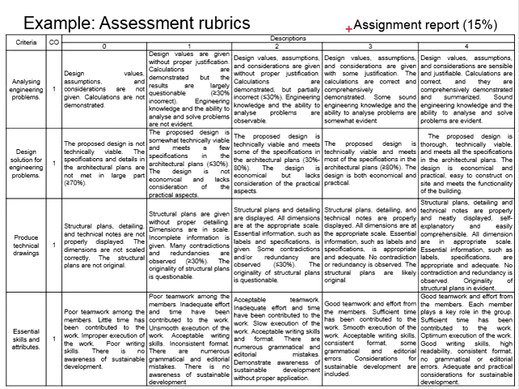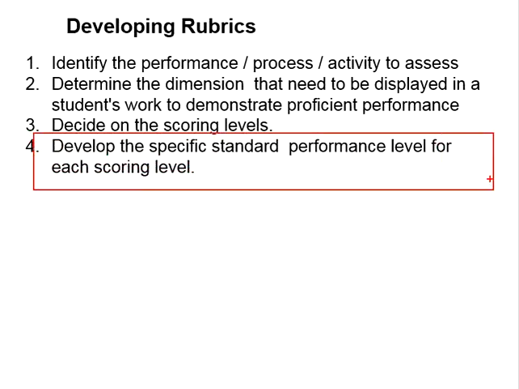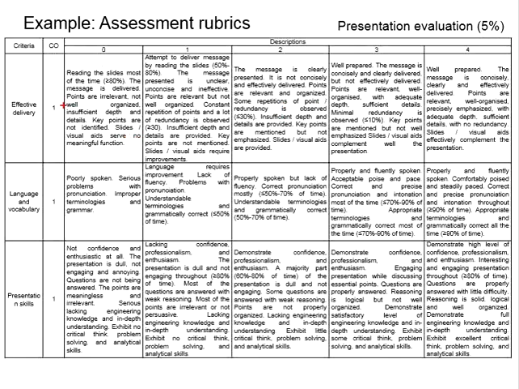Ultimately, this leads to 2 dimensions here. There are a series of criteria and there are a series of different quality levels. Next, we will need to develop the specific standard performance level for each scoring level. This is when we start developing the performance criteria.